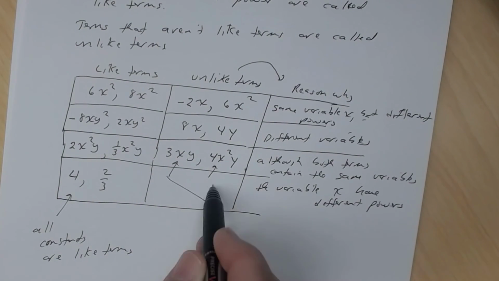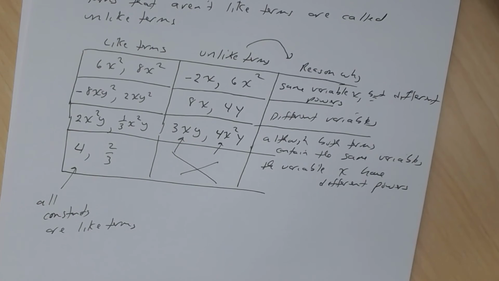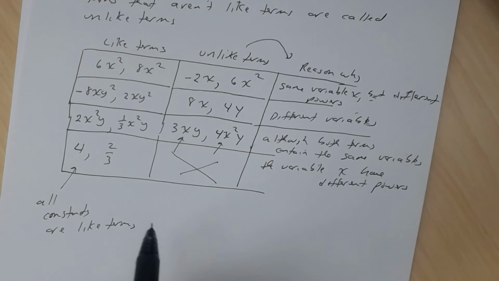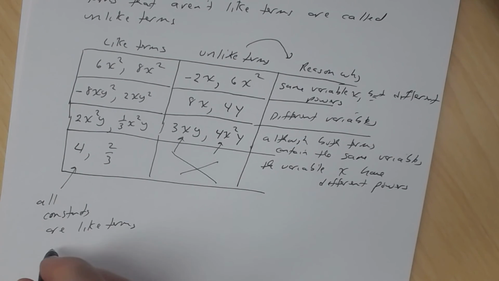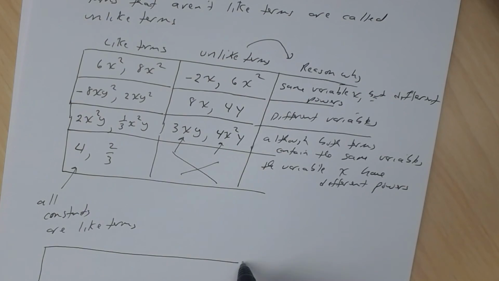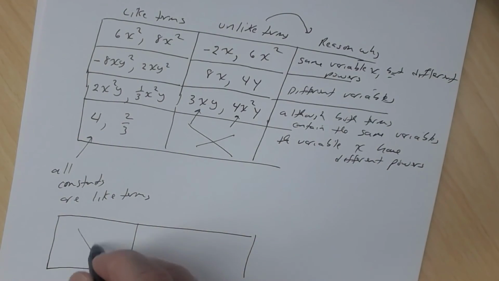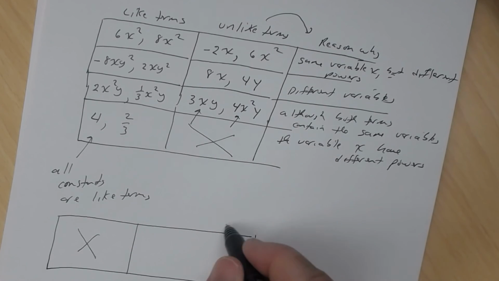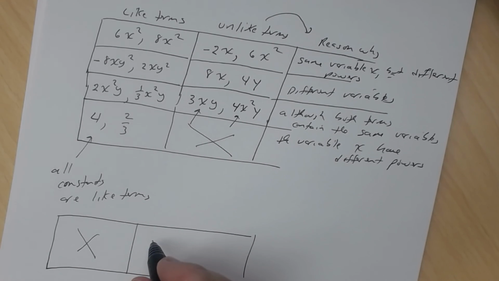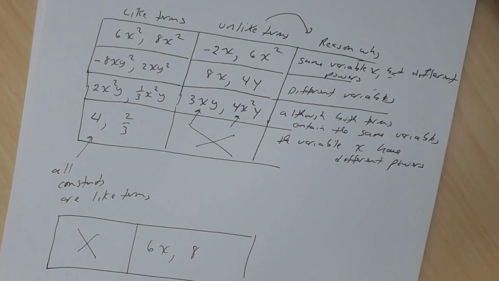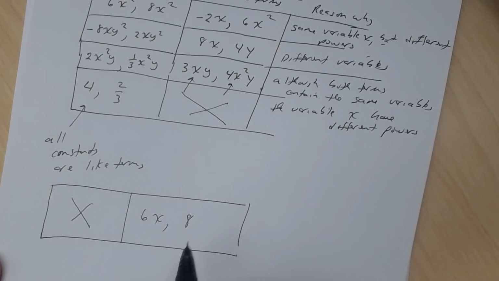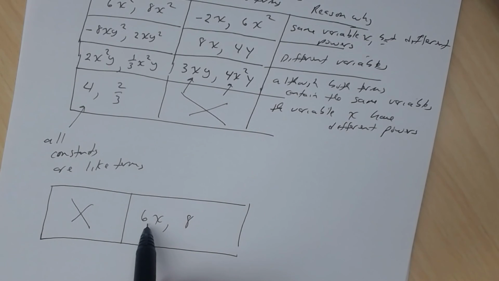All right, so I'm just going to take this one off right here. Let's see. I think that should be it. If we try, let's say, one more with this. Okay, this is your like terms. Let's look at why these are unlike terms. Suppose we had 6x, 8. Now, notice this right here.